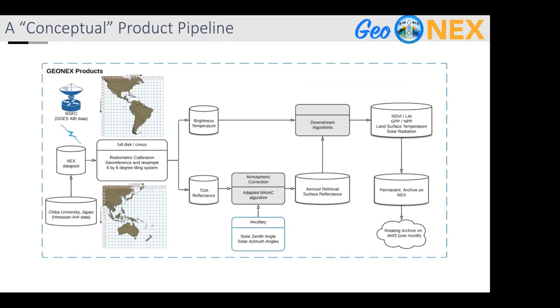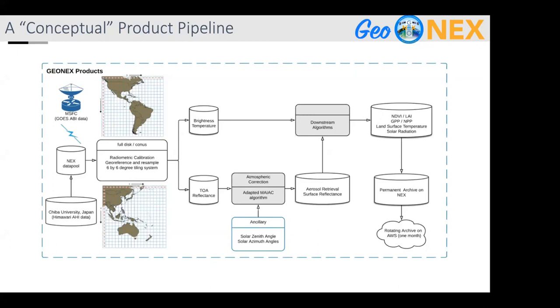Basically, you take the raw data from sensors, and NOAA and other operational agencies process them to some level, which they call level 1B. And we take the level 1B and reprocess it to improve it a little bit. I'll talk about it. It's called L1G.